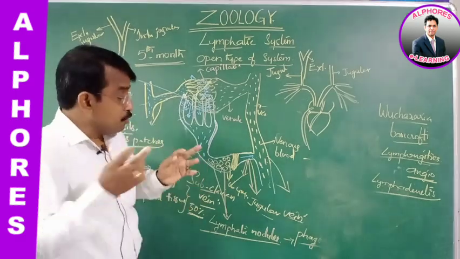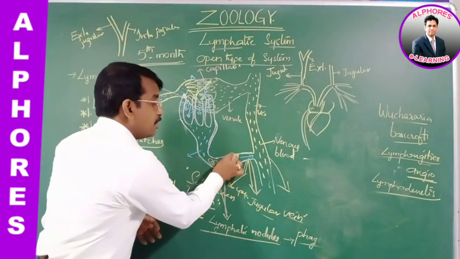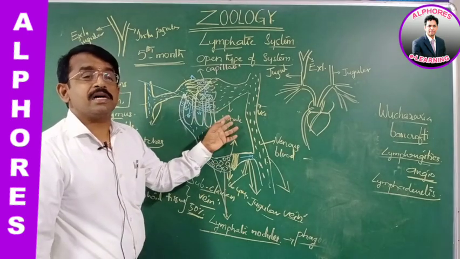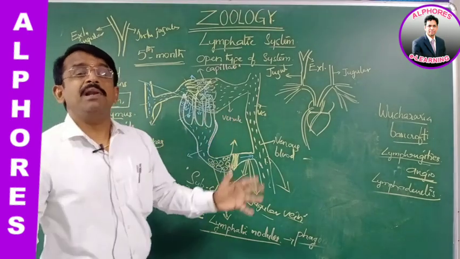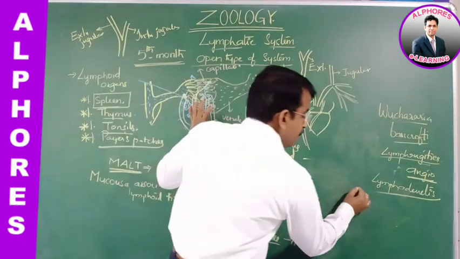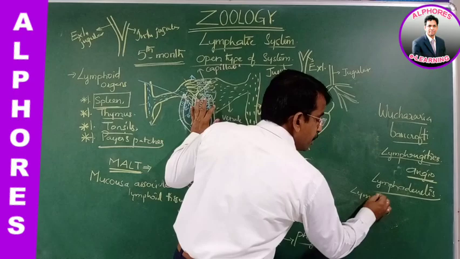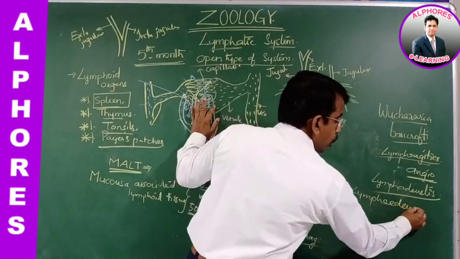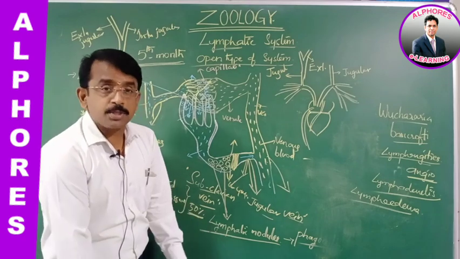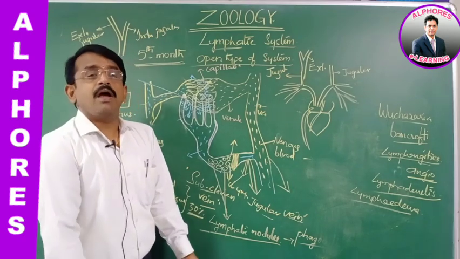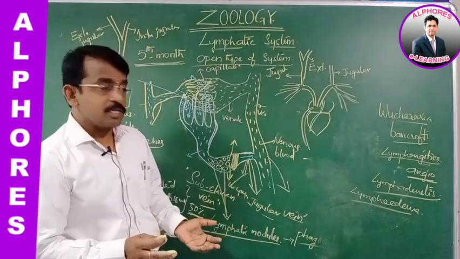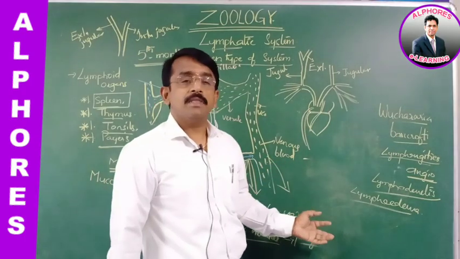So due to blockages, lymph diffuses into neighboring areas where swelling results, which is named lymphedema. Lymphedema is swelling of the legs, limbs, testicles and mammary glands.